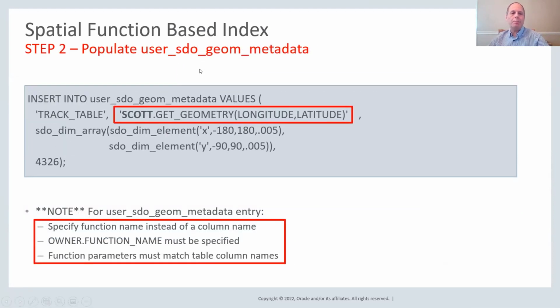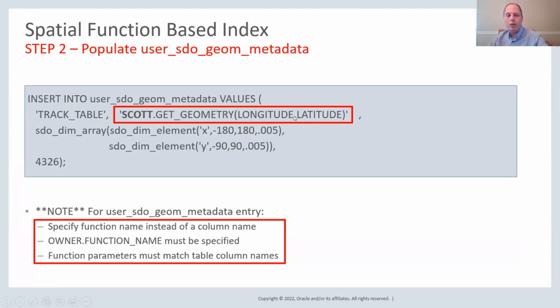Step two is populate user SDOGeom metadata. So this you're probably all familiar with, insert into user SDOGeom metadata. Normally you populate a table name and a column name. Well, instead of a column name, we're going to populate the function with the parameters. And these are the actual column names in your table.